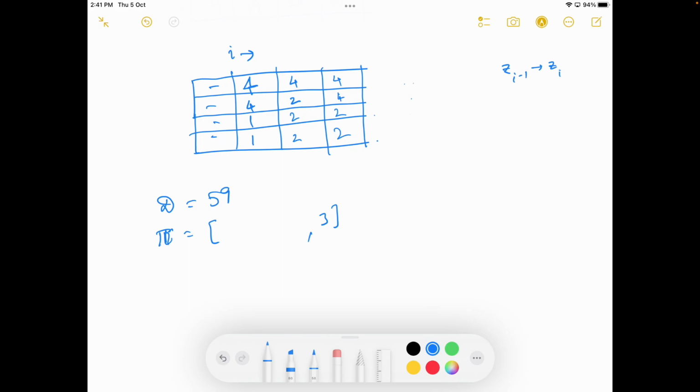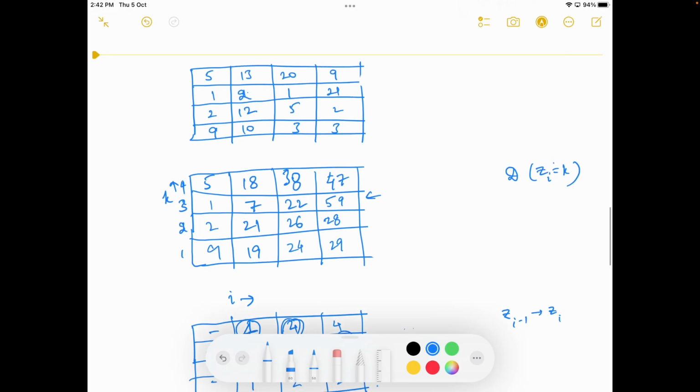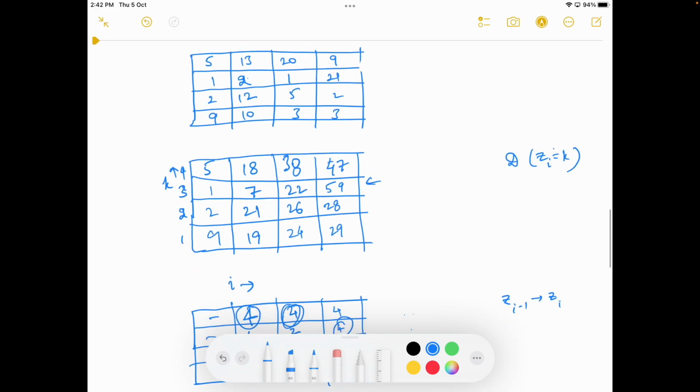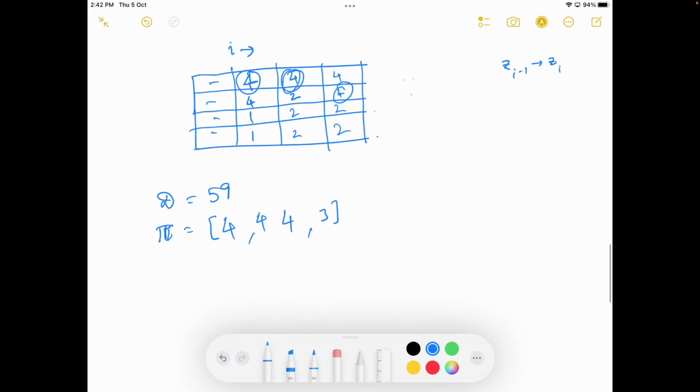From 3, I will go back to 4, which is here. From 4, I will go back again to 4. And from this 4, I will again go back to 4. So 4, 4, 4, 3. Yeah, that's the best path.